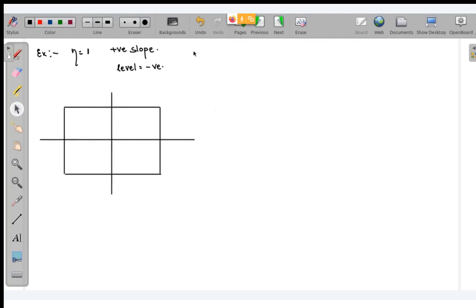See, whenever you have such a thing, first here it is given that n is equal to 1. That means only one cycle will be displayed. So first draw that.